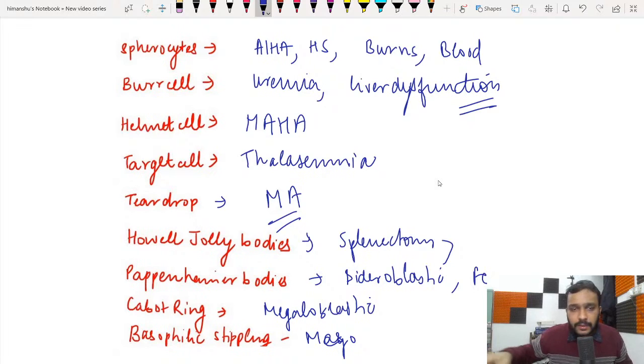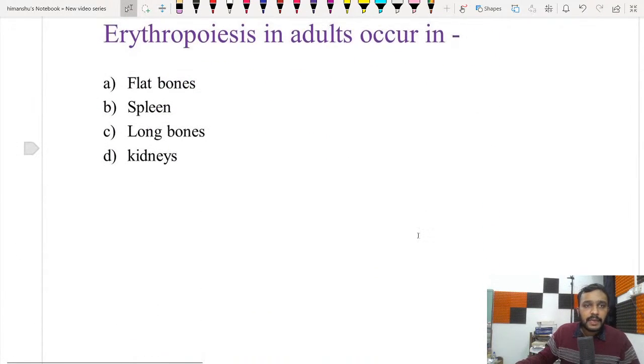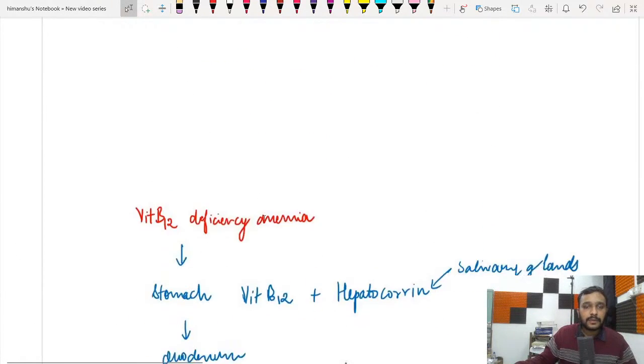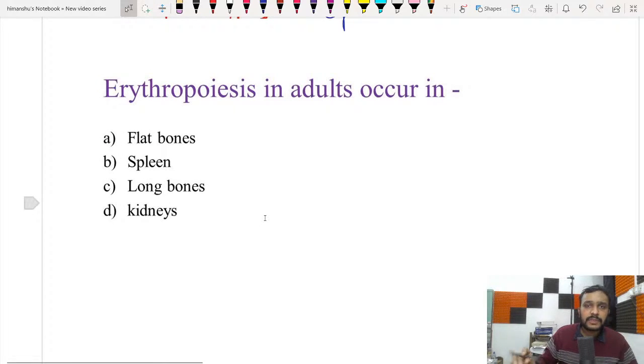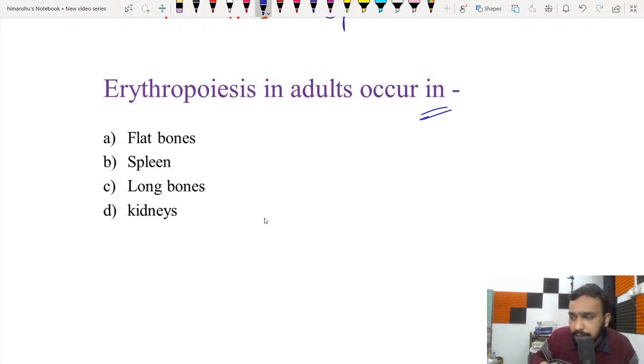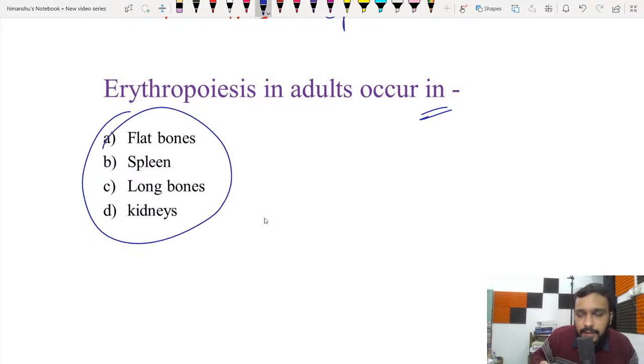So coming to the last question, erythropoiesis in adults occurs in flat bones.